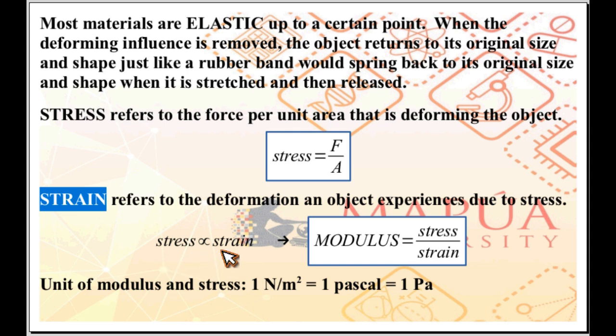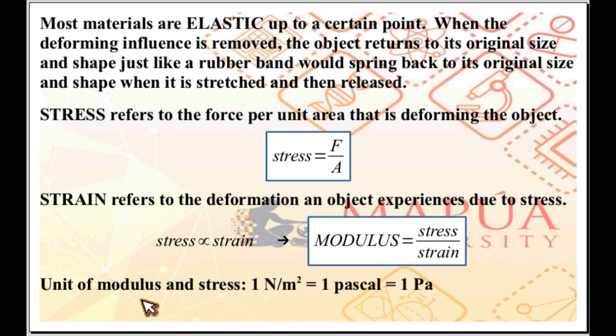Stress is proportional to the strain that it produces. And the constant of proportionality between stress and strain is referred to as the modulus or modulus of elasticity. Modulus of elasticity is equal to stress over strain.